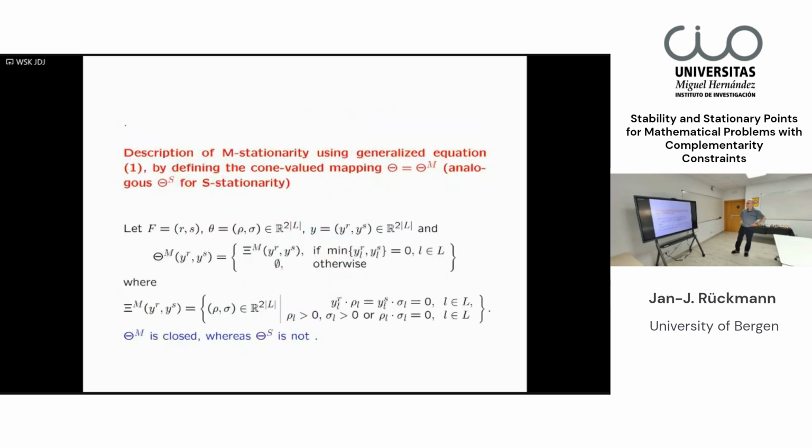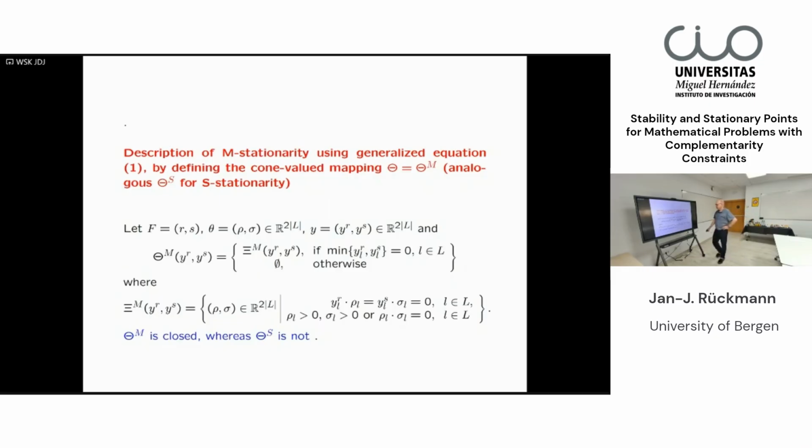And let us look at the description of M-stationarity using this generalized equation. Different stationarity concepts, as I stated already, refer to different normal cone mappings to this capital Theta. Okay, and what does it mean here for M-stationarity? Analogous for S-stationarity, but we make it here only for M. So what we have to do when we use this generalized equation approach is to define how this capital Theta normal cone mapping looks like.